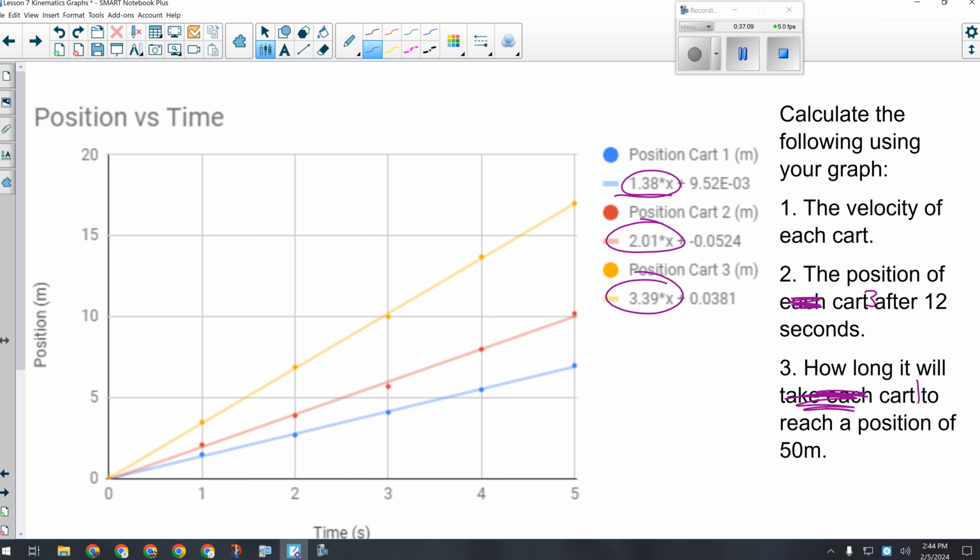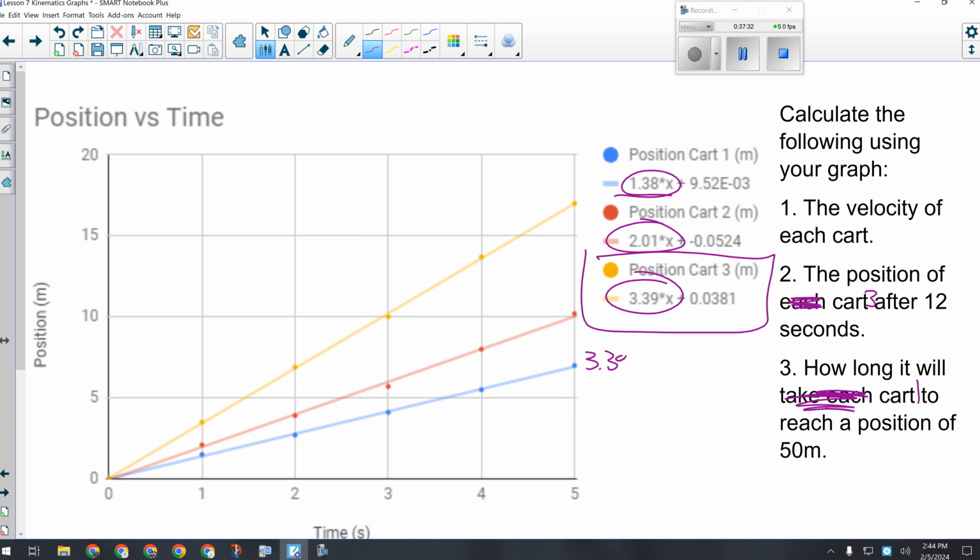Okay, in question number 2, we want the position of cart 3 after 12 seconds. So that means we're dealing with this equation, and x is how much? What value do I put in for x? 12 seconds, that's what they told me there.